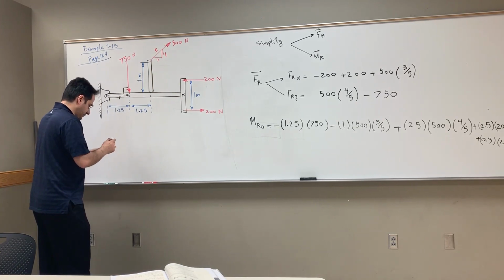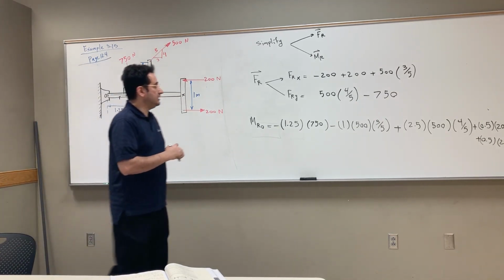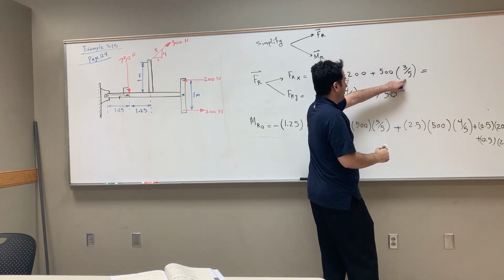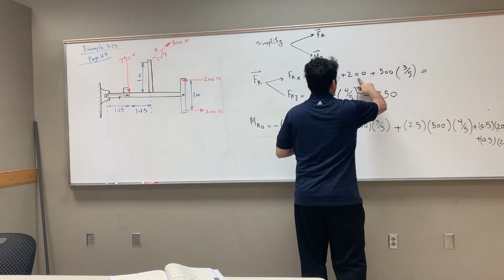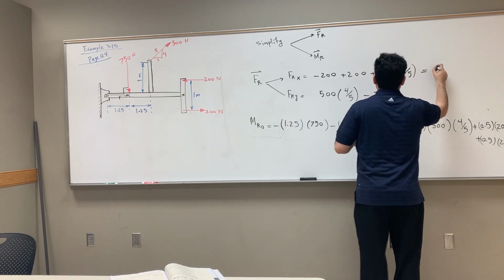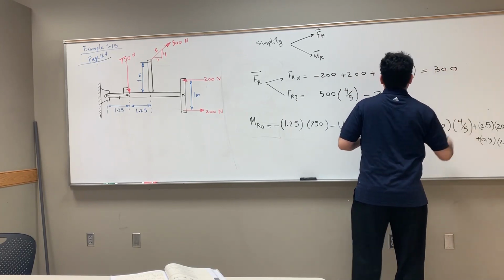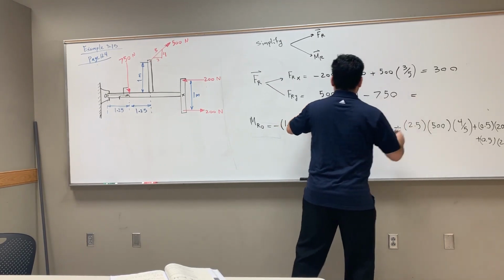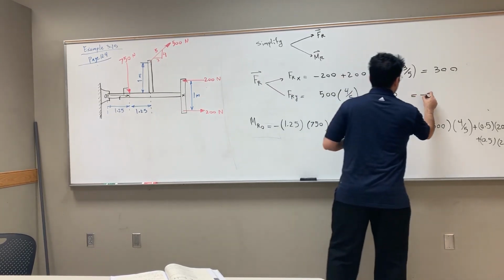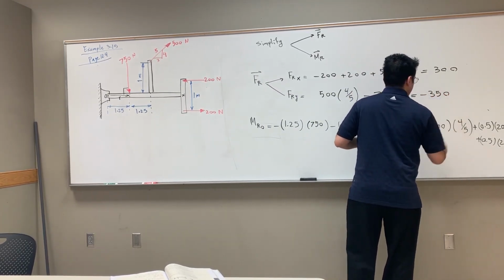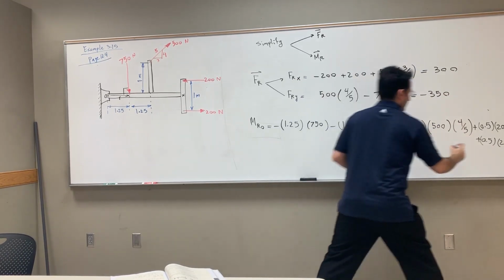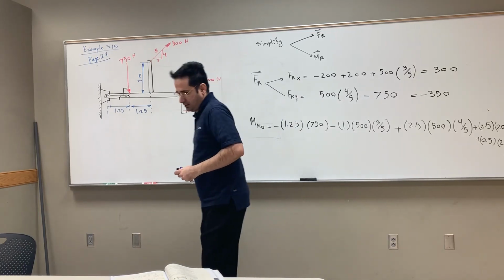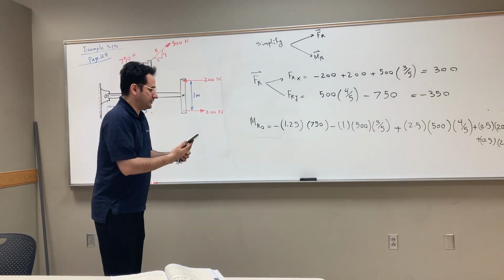So let's do this simplification. The numerics, let's put it in the calculator. 500 over 500, 300, 200, 500, 200. So that's going to be 300, right? This one is negative 350. And this one is equal to, put it in the calculator.